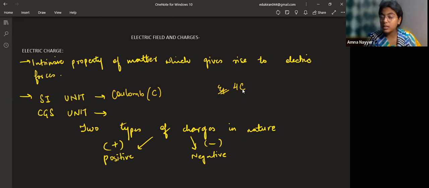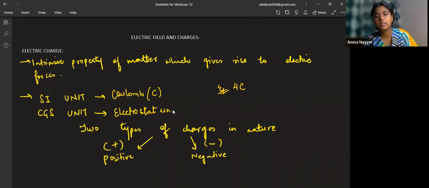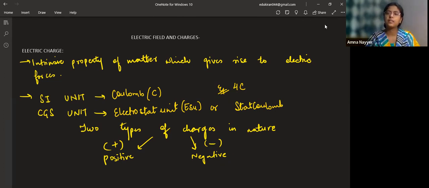But for a CGS unit, at least you have to remember for your knowledge, this is electrostatic unit, ESU, or somewhere in other books you will find it as stat coulomb as well. So both these units are available.